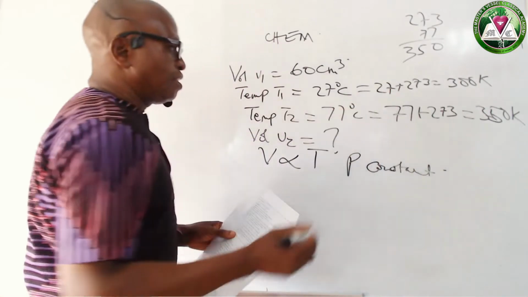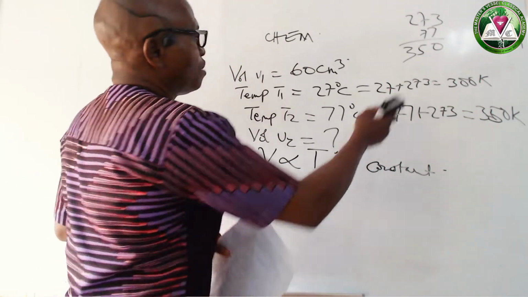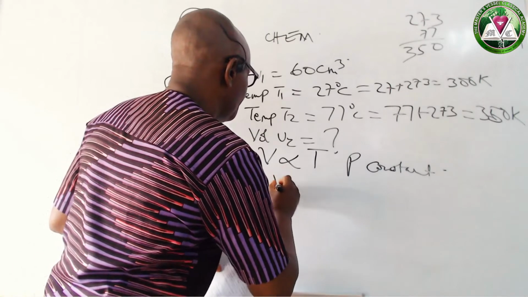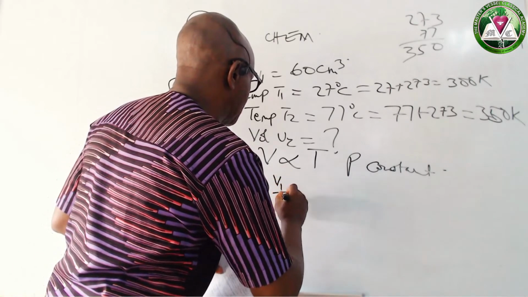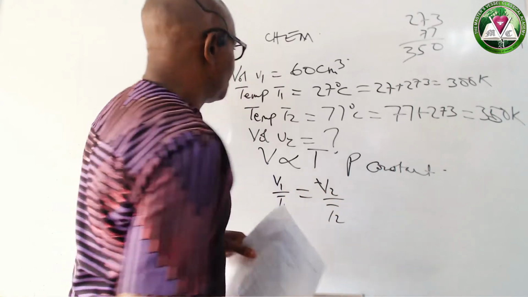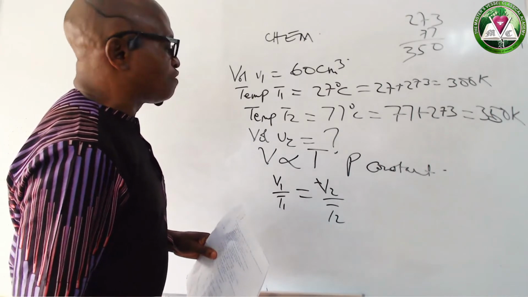Based on that, the equation you will use to solve this problem will be V1 over T1 equals V2 over T2. We are looking for V2, therefore we will make V2 the subject of the formula.